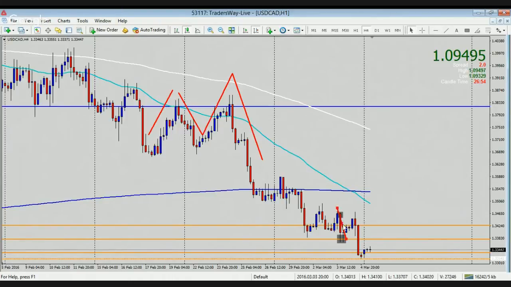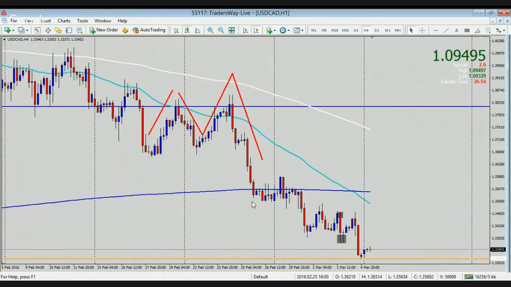Now, this did do what an M formation would do, right? Yes, we are going to miss opportunities. But the point of trading is to minimize risk to the maximum potential that you can.